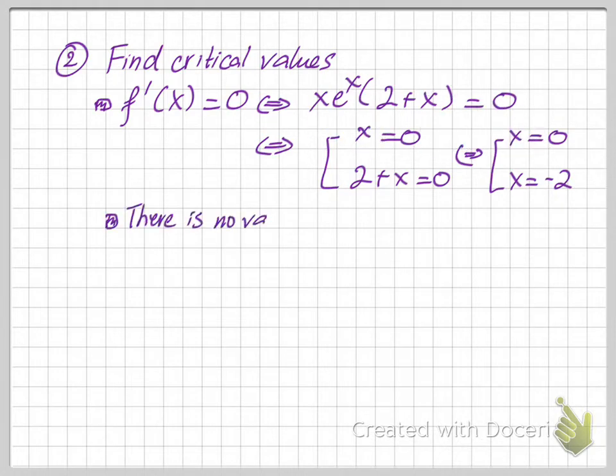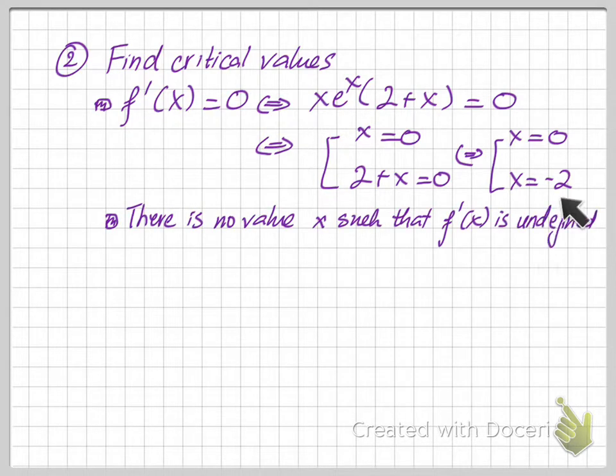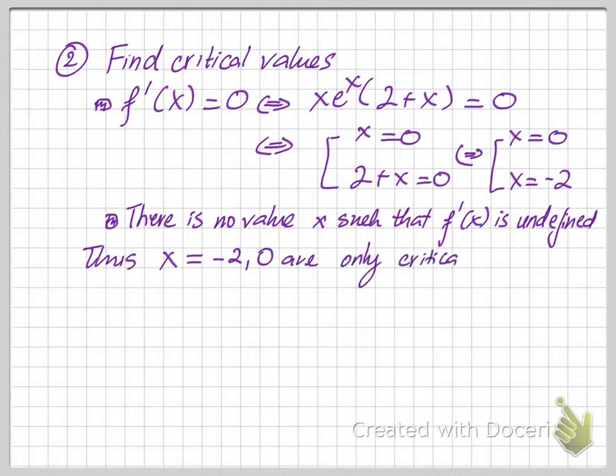Then we want to check if there are any values of x such that the first derivative is undefined. It turns out that the first derivative is defined everywhere. So there are only two critical points, critical values, which are x equals -2 and 0.